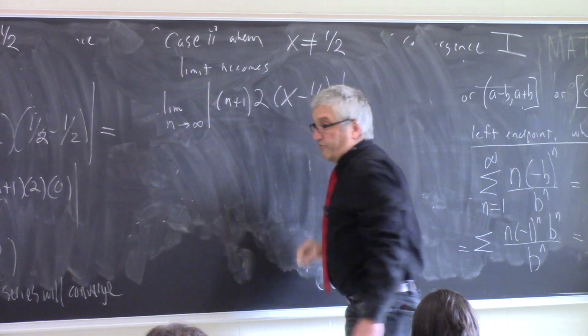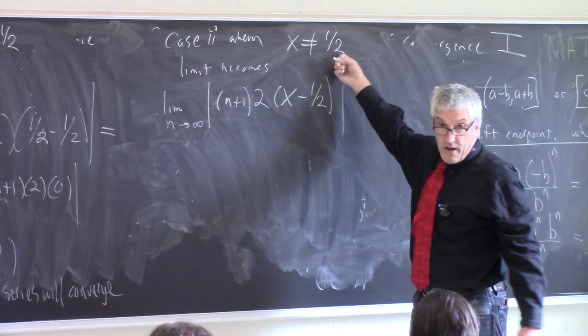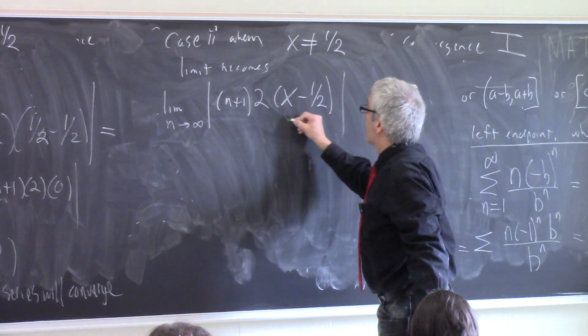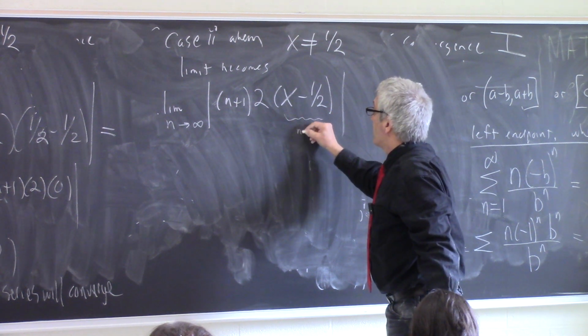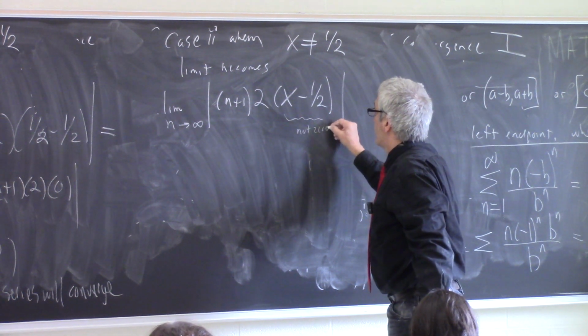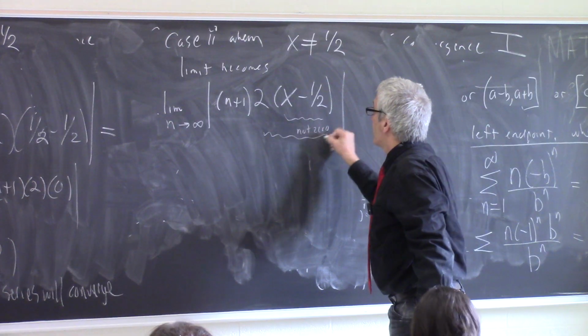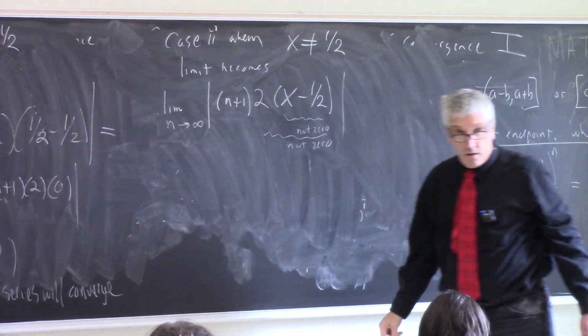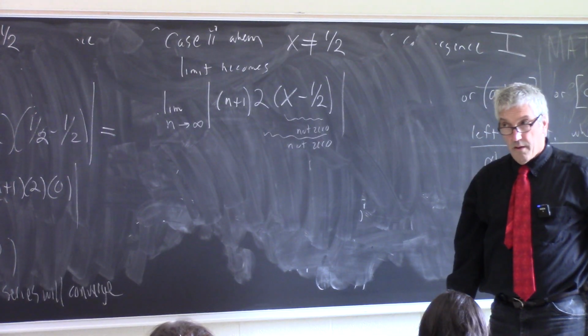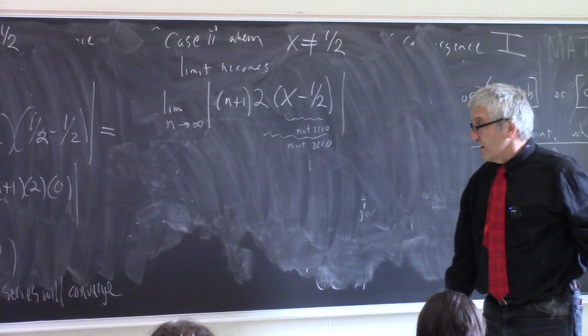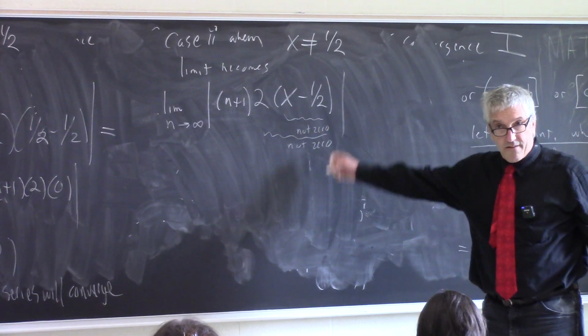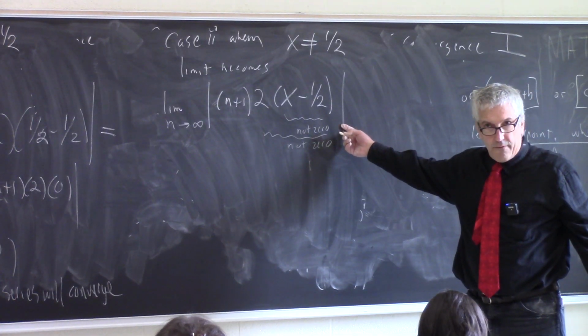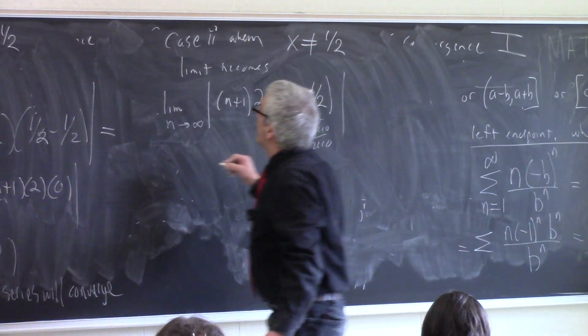I don't know much here, but I do know that x is not 1/2. So this is not 0. So what's the limit? Marcy? Infinity. Doesn't matter what x is. If x is not 1/2, this thing is going to go crazy.